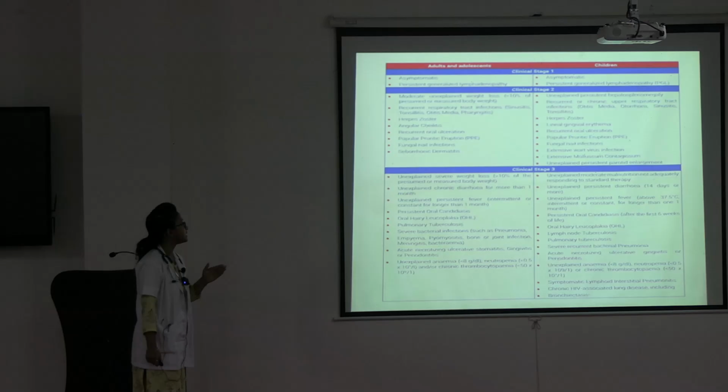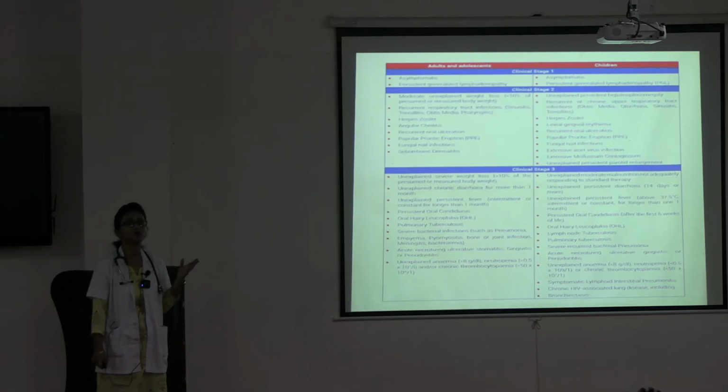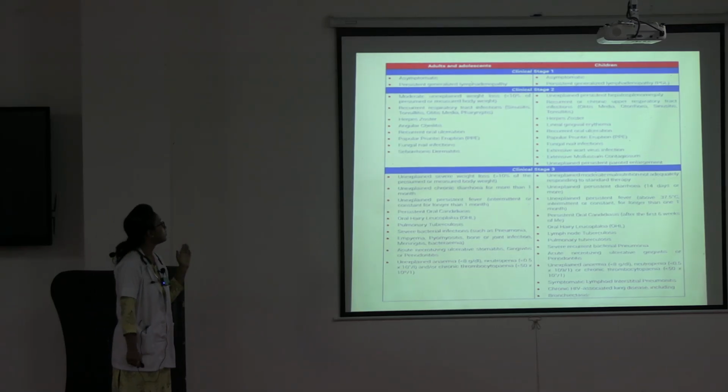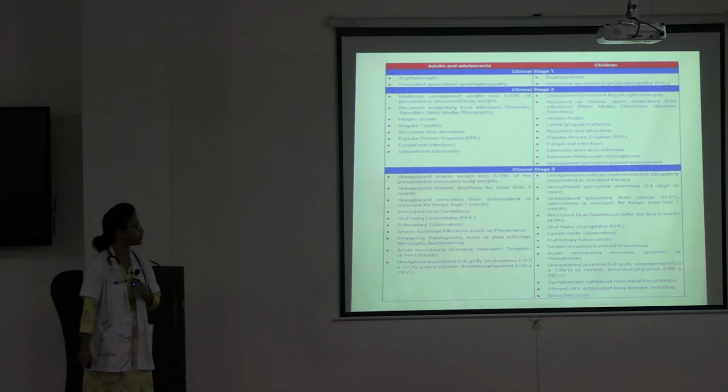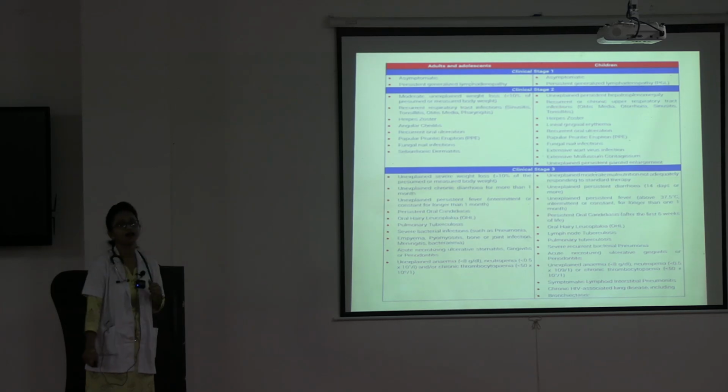In the clinical stage 3, you will be getting weight loss, but this time the weight loss will be more than 10% of the measured body weight. Along with that, you will be getting oral candidiasis, then oral hairy leukoplakia, pulmonary TB, then severe bacterial infection, acute necrotizing ulcerative stomatitis or unexplained anemia.